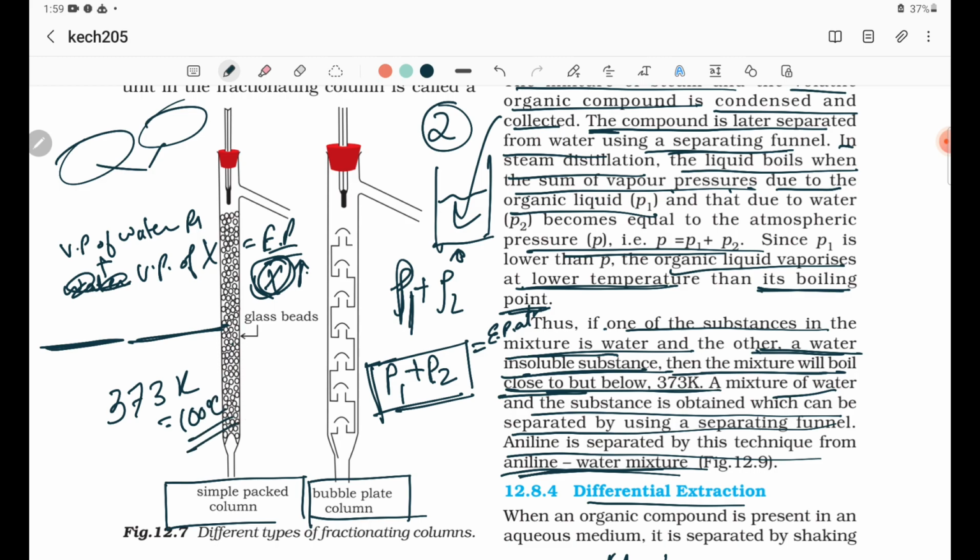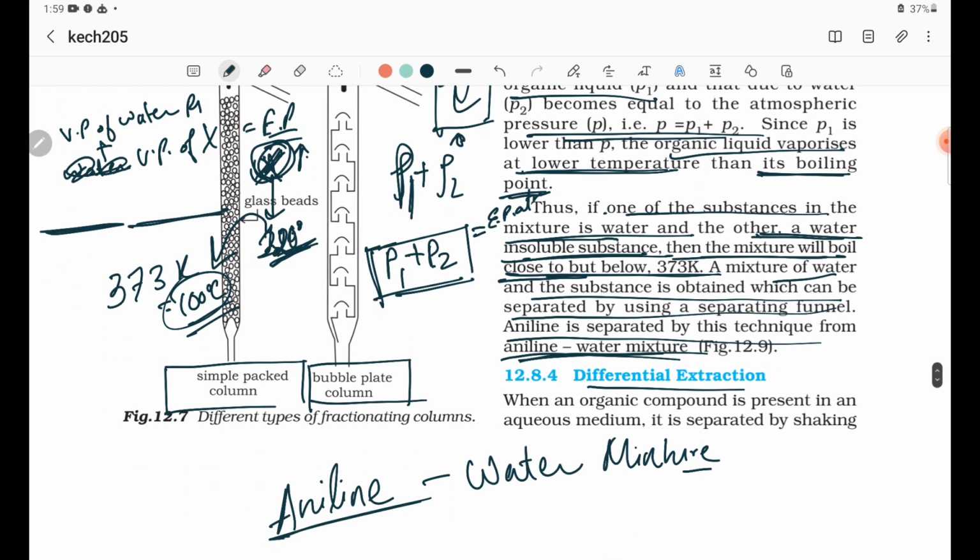So the liquid having a very high boiling point, suppose 120 degrees C, higher than water, is now boiling at a lower temperature like the previous one. So what is happening? We will get a distilled liquid. And we are using this for the aniline water mixture.